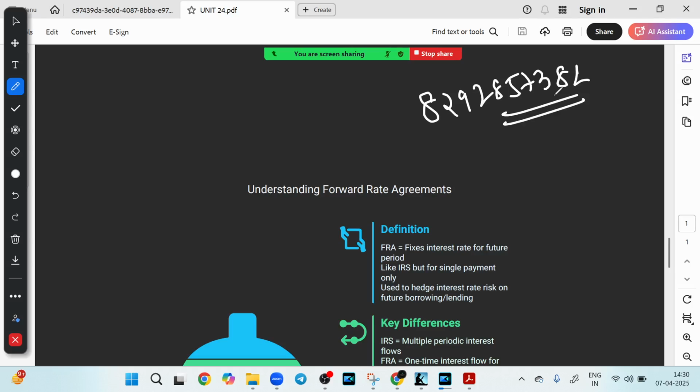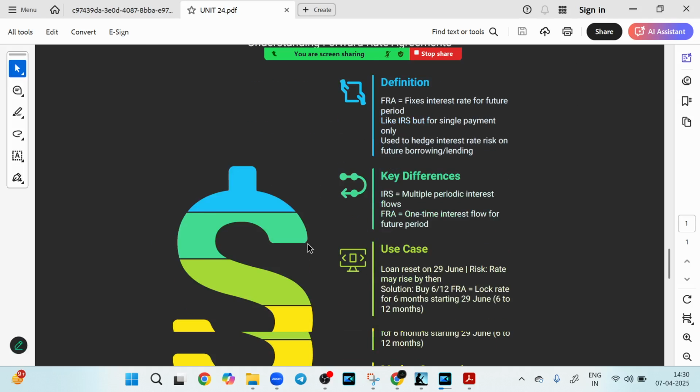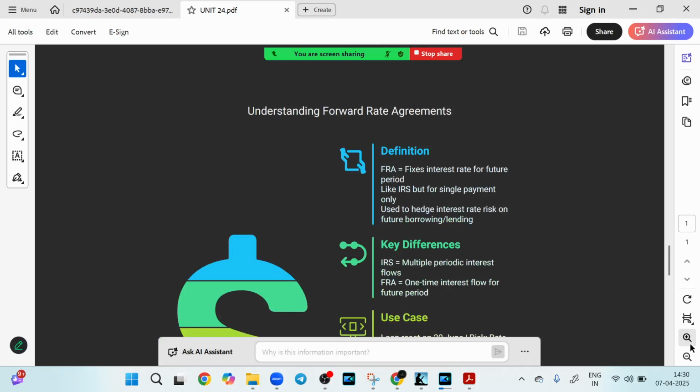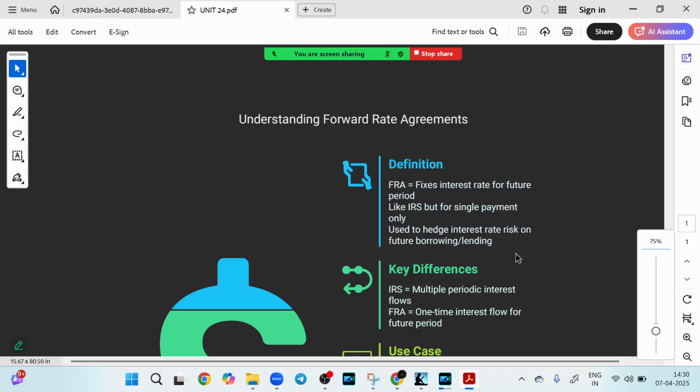Yes. A forward rate agreement, or FRA, lets you fix an interest rate today. You can think of it like an IRS, just like an interest rate swap, but with a twist. What is the twist?